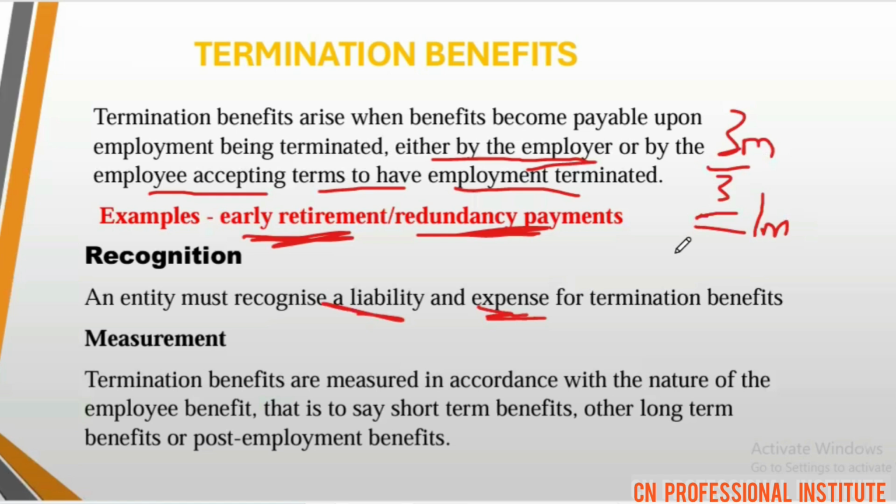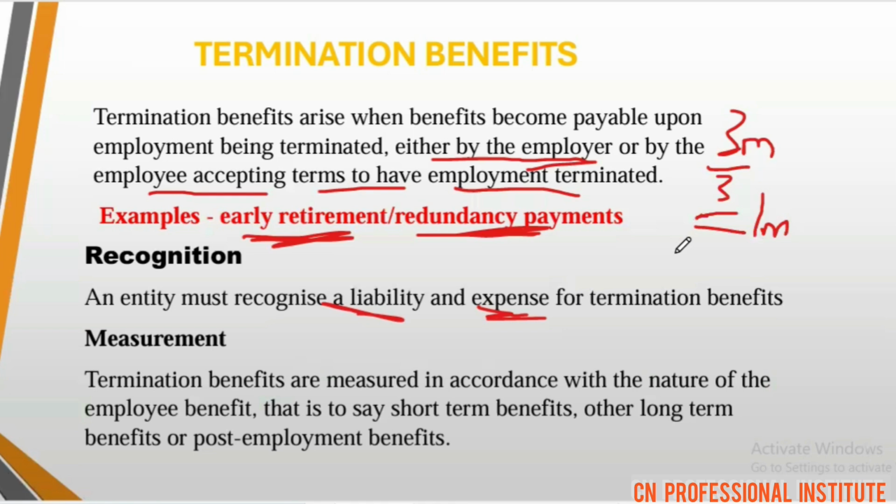So every year you record 1 million as an expense, and then the remaining 2 million, so in year one, the remaining 2 million will be recorded as a liability. Are you following? Because we said liability arises when there's a present obligation, right? So you divide the 3 million that will be paid over the 3 year period by 3, 1 million. So every year you get 1 million as expense.